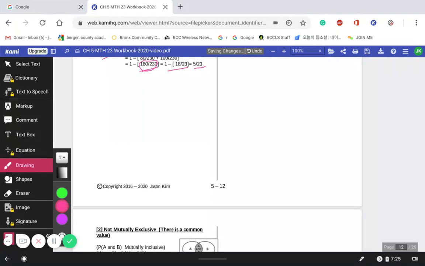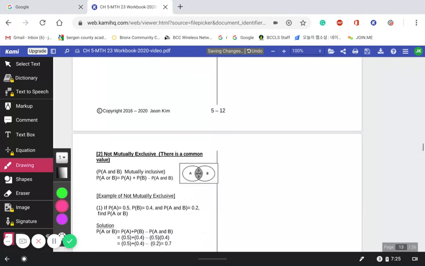Now, how about when events are not mutually exclusive? There are common values.